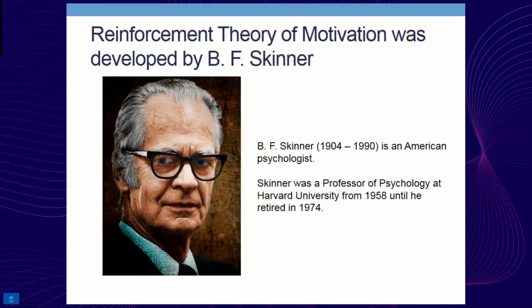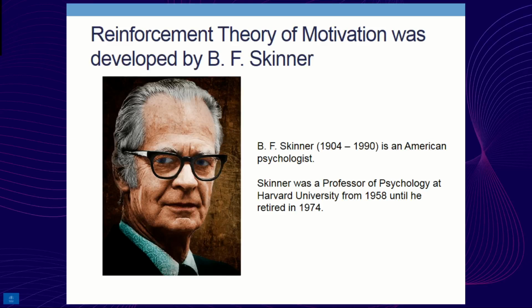The next theory we will talk about is the reinforcement theory of motivation. Reinforcement theory tries to explain what motivates good and bad behavior in the workplace. It also gives us a mechanism to influence the behavior of our team using what the theory refers to as reinforcement, punishment, or extinction.